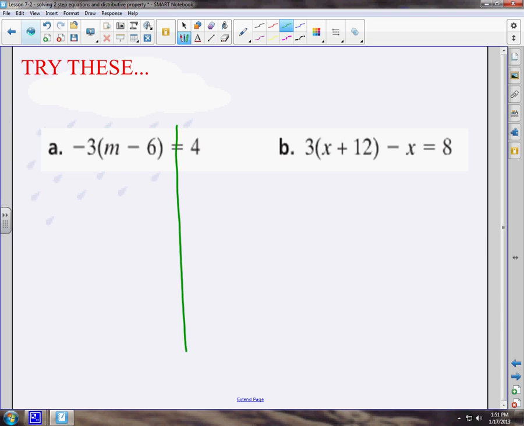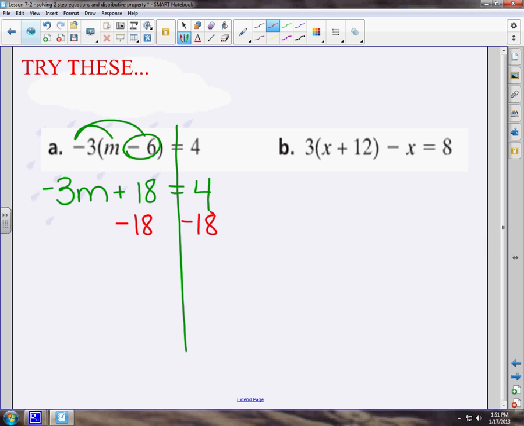All right, here I'm going to do negative 3 times m and get negative 3m. Negative 3 times negative 6 is a positive 18. Don't forget that that negative sign goes with that 6. Equals 4. So then I'm going to minus 18 from both sides.